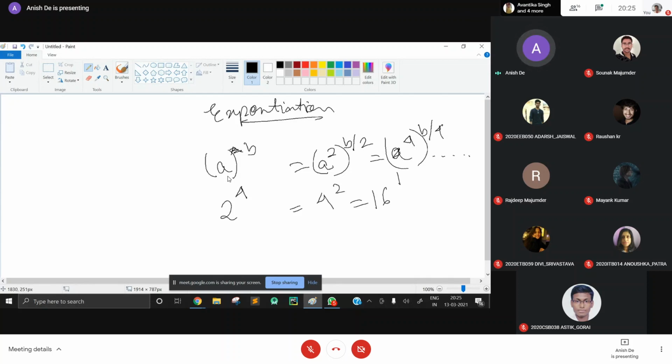and it goes on. So what we are going to do basically is take a to the power b and go on like this: a squared, b by 2, a to the power 4, b by 4, till here we get 1, not 0.